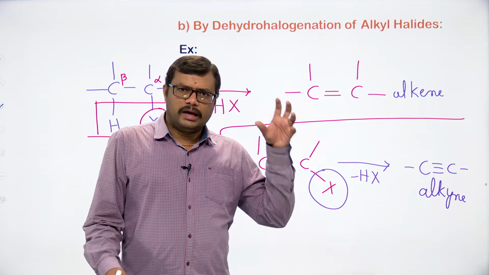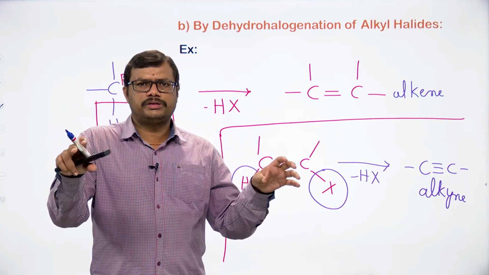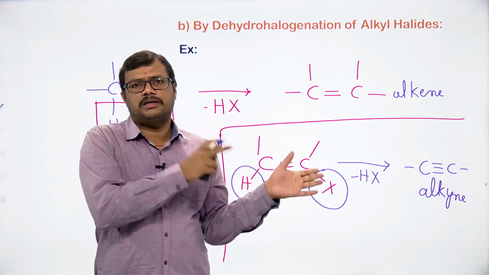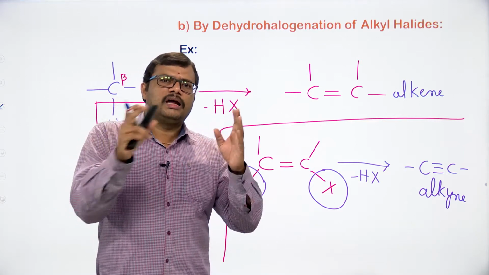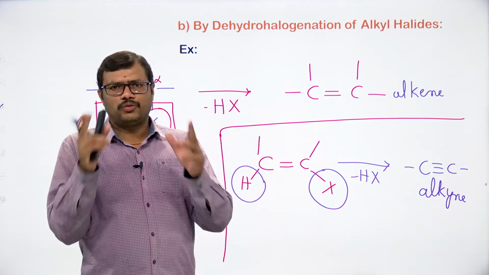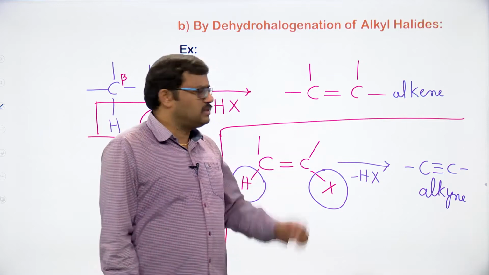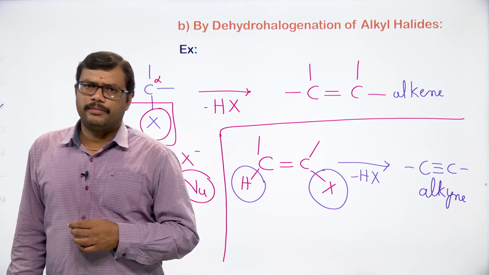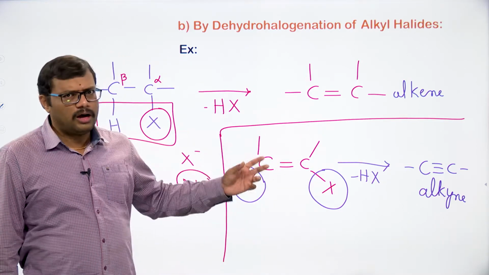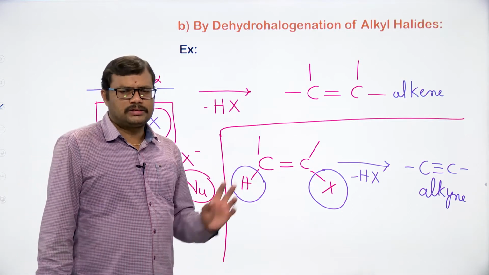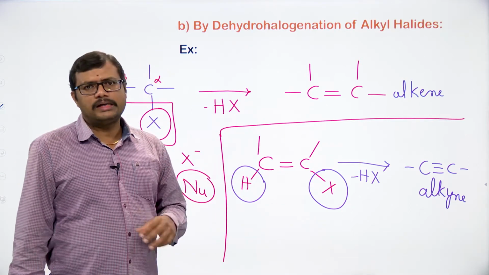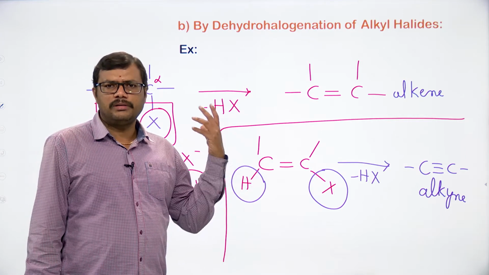Okay. So, the H plus ion and the halogen X minus ion are removed from the adjacent carbon atoms, which are labeled as alpha and beta, or as 1 and 2. Therefore, these reactions are said to be alpha-beta elimination reactions, or 1,2 elimination reactions; simply we call them beta elimination reactions.